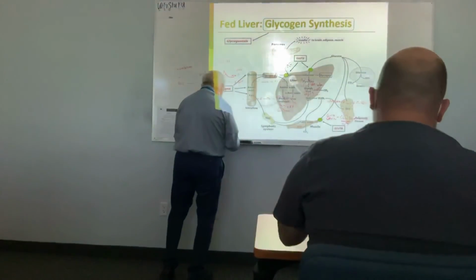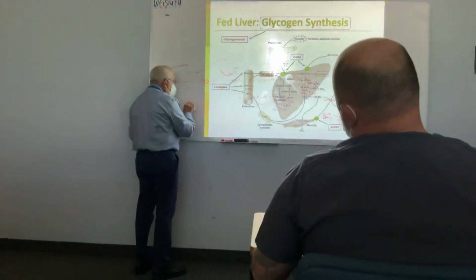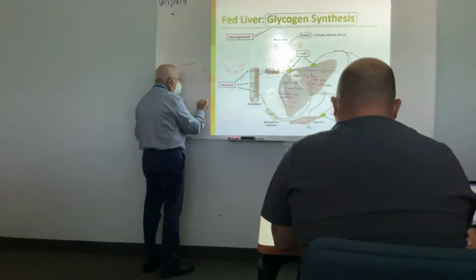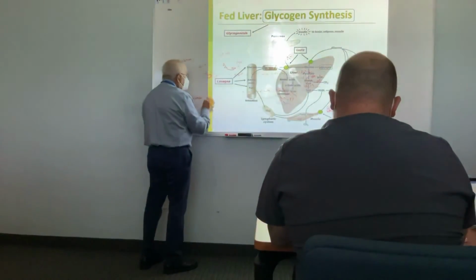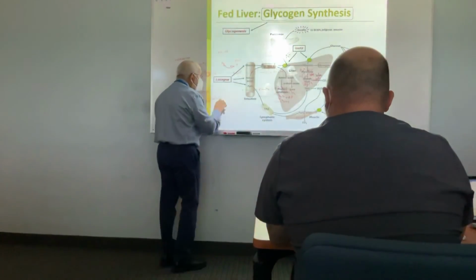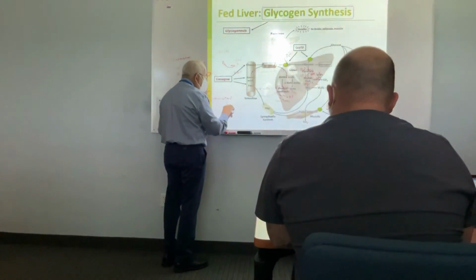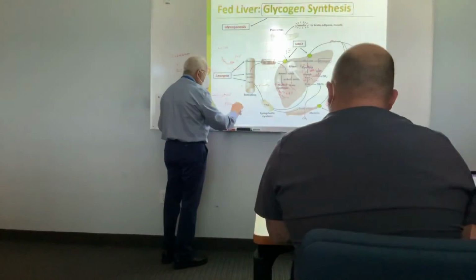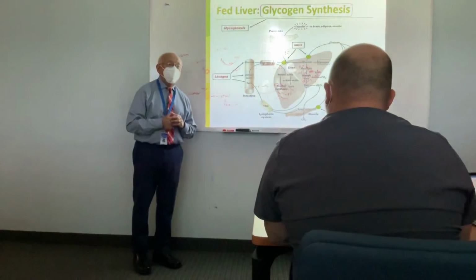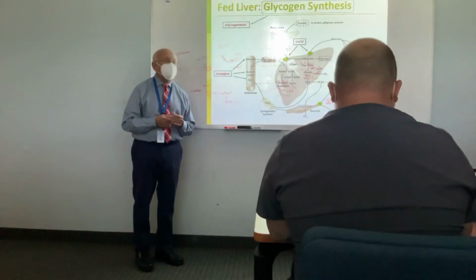So here is glucagon, and here is the receptor for glucagon. Glucagon is gonna bind over here to this receptor. And bingo, right away we're going to make cyclic AMP. Cyclic AMP is gonna activate PKA. PKA right away starts phosphorylating, because that's the only thing this enzyme can do.